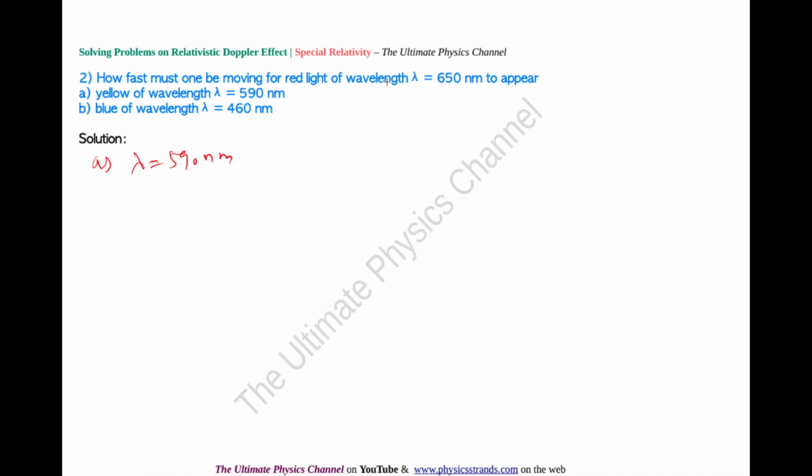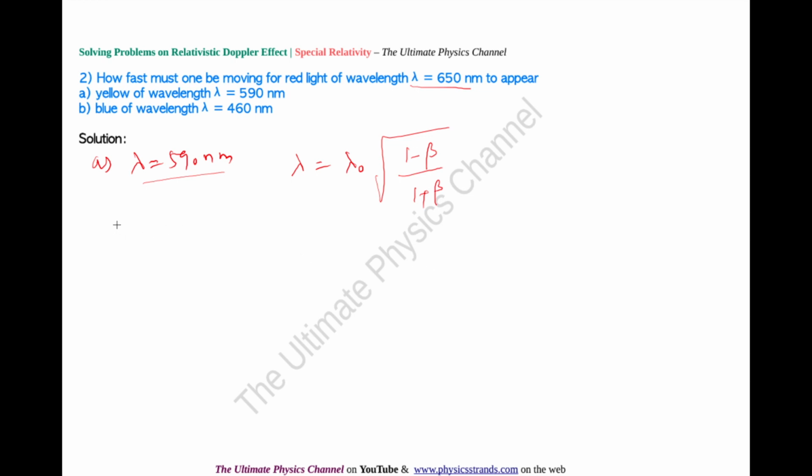Now red of 650 has blue shifted to 590 yellow. So again, it is the blue shifting formula. So in this case, we have to use again the same original formula, that is lambda is getting shifted to lambda naught. That means the wavelength has reduced. So it is the square root of 1 minus beta over 1 plus beta.